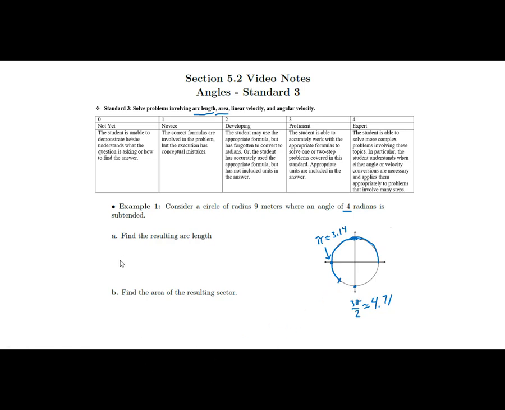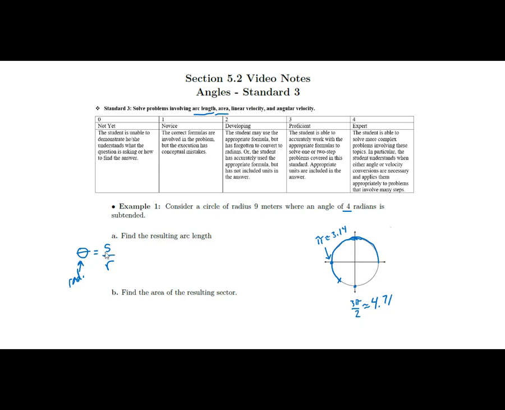All right, so what did we learn in some of our previous videos about radians? We know that if we have an angle in radians, a formula that goes along with that is arc length divided by radius, and that will always give us the angle in radians. Looking at what information we have here, we've got the radius and theta in radians, and we want to know s, the arc length.